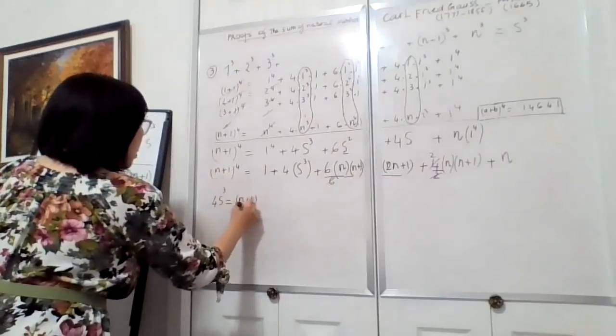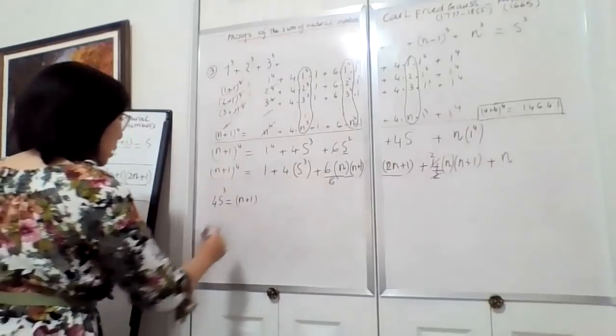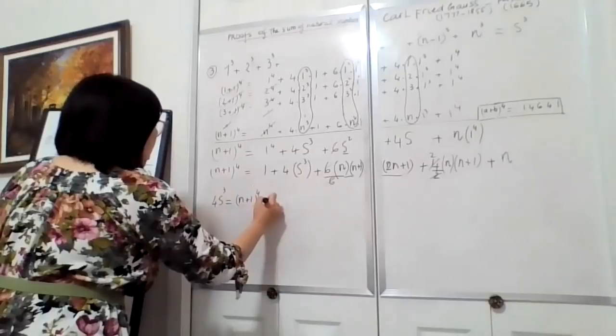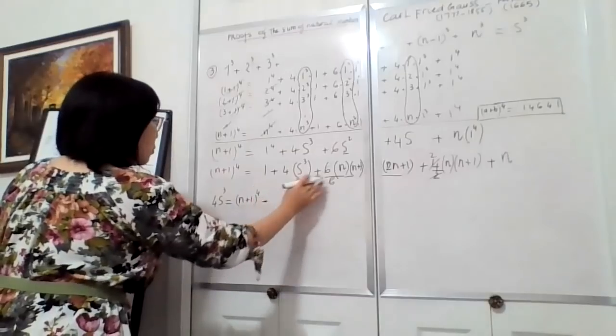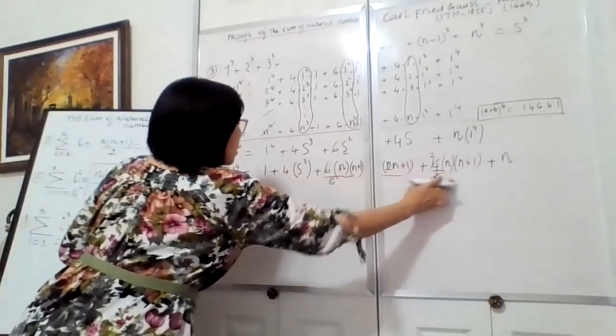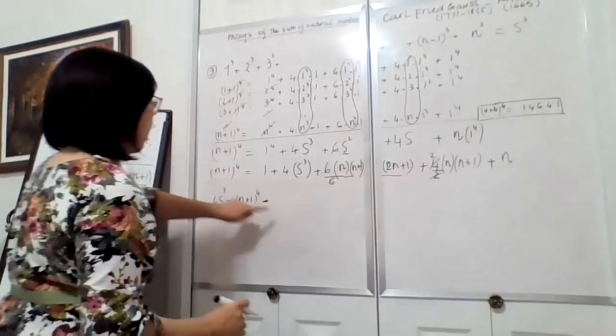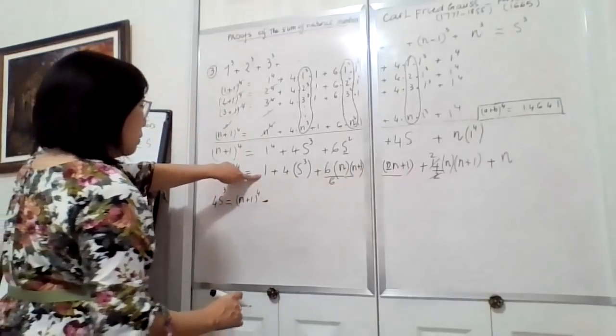N plus 1 is still on the separate side, so I don't bother to change the side, right? However, when I write this, I say subtract this, so I have to switch the side for this one here. Now, for this one, I just leave it for now.